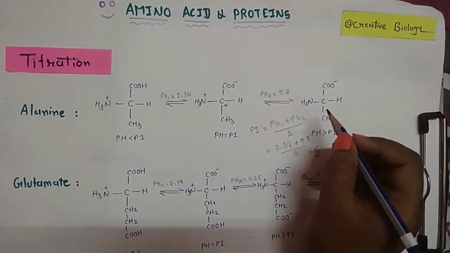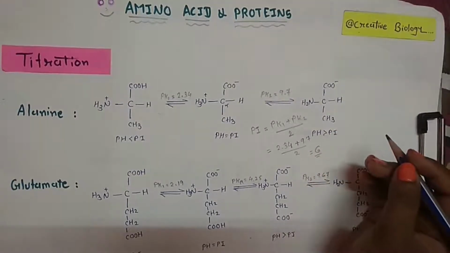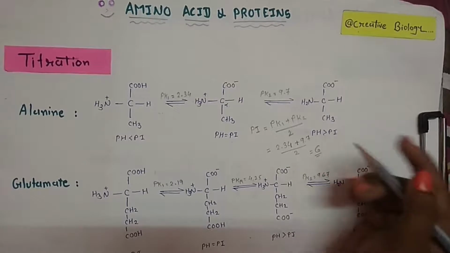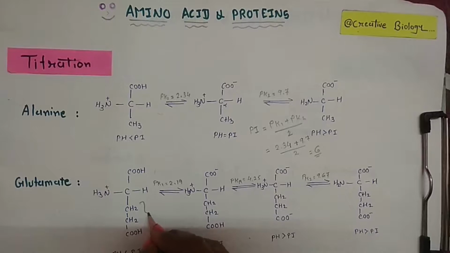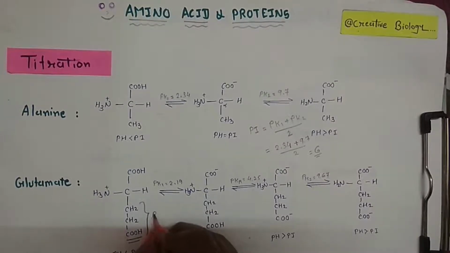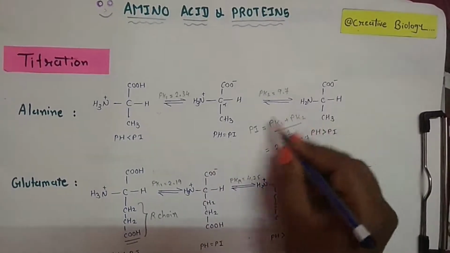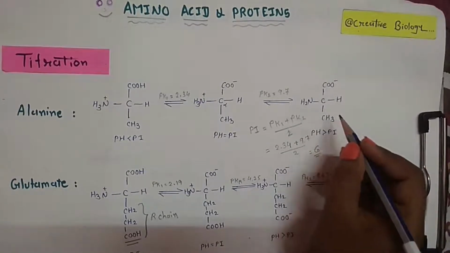But in the case of polar amino acids, or we can say charged amino acids, which contain acidic or basic nature, or more ionizing groups, as in the case of glutamate, there is another COOH group, or ionizing group, present in its R chain. In that case the pI calculation is not as easy as in the case of alanine.